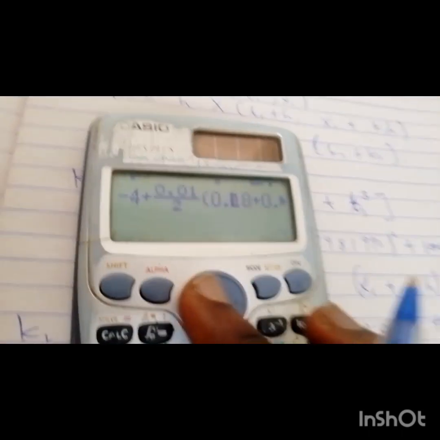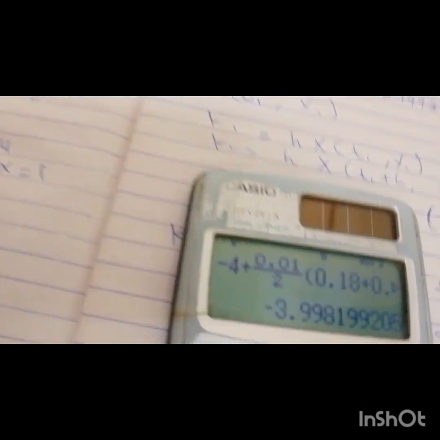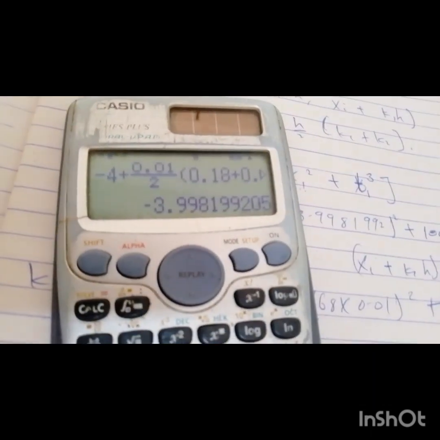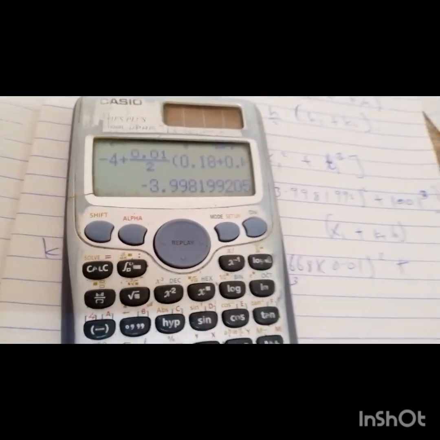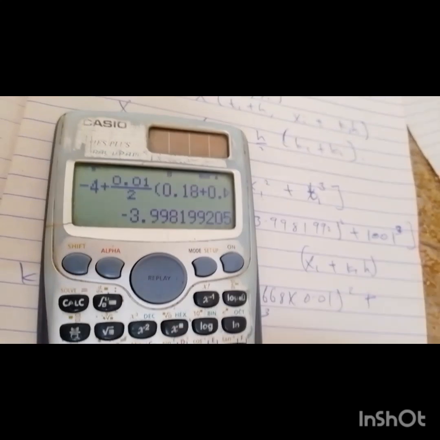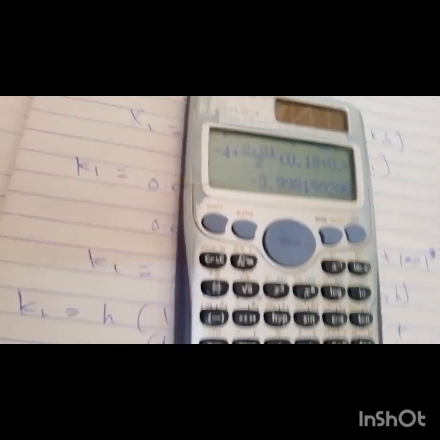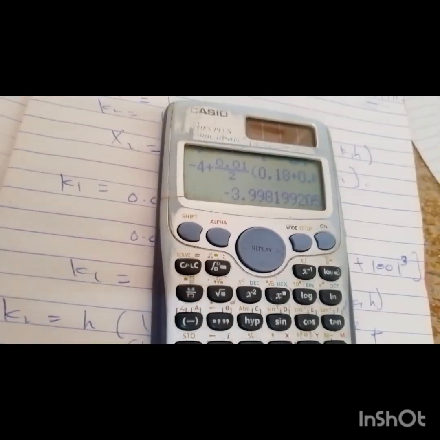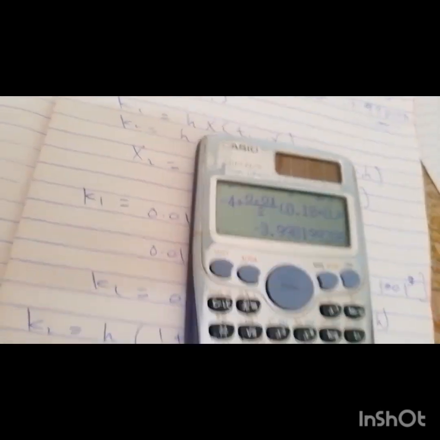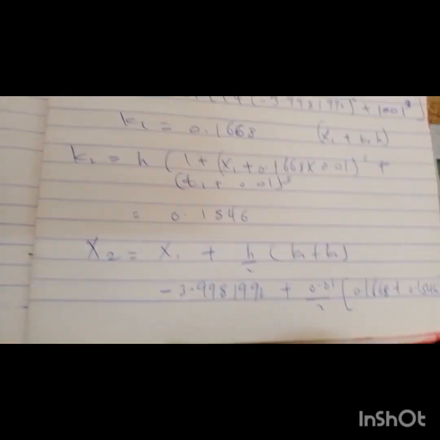Let me just confirm from my calculator. Okay, yeah, so that's it. When you solve and get new values, you can put your new value in the comment section so that other people who watch will see that there was an error. Apparently I'm not seeing anything, so I'm sure there was probably a mistake with the slide.